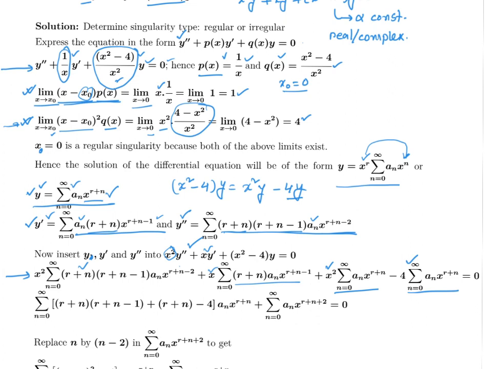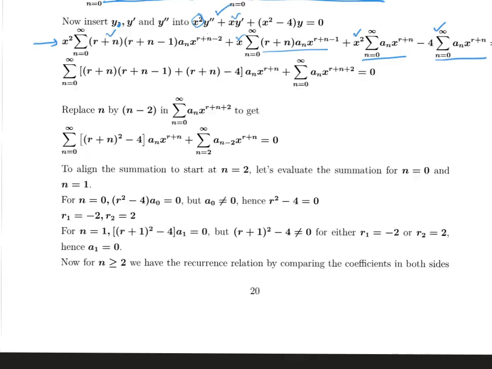Now, if you look at the summations here, you will quickly notice that the exponents of x is r plus n for few of them. And we are going to combine those. So look here, you have x squared and x to the power r plus n minus 2. So if you combine those, your exponent for x is going to be r plus n.